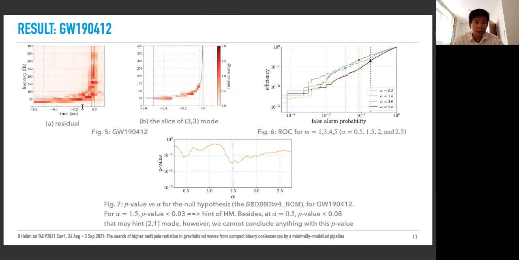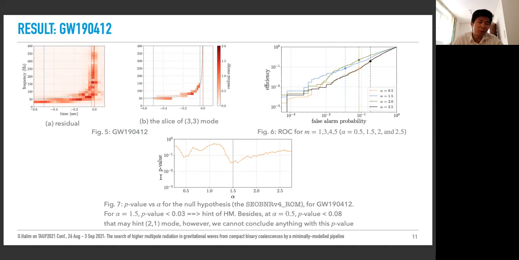And then we also analyzed GW190412. Similarly, we put the residual time frequency map, and then we slice it to the 3-3 mode, just to give you some idea. And then we also calculate the ROC curve, and we see that when alpha is equal to 1.5, the false alarm probability is the lowest. However, it is still quite high compared to other modes.